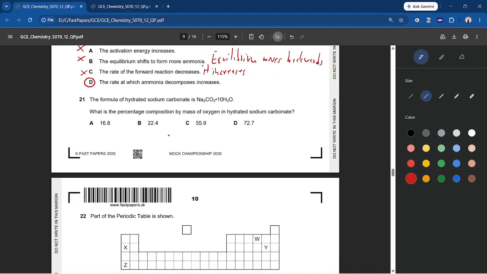The formula of hydrated sodium carbonate is Na2CO3·10H2O. What is the percentage composition by mass of oxygen in hydrated sodium carbonate?